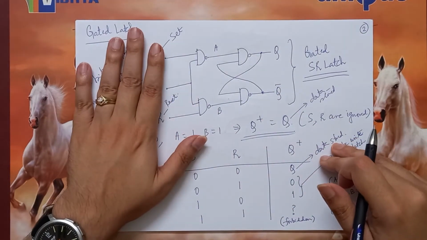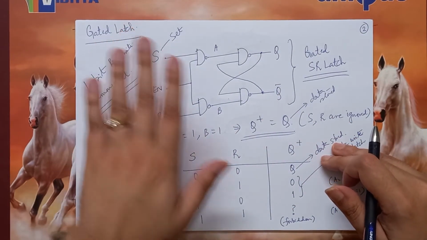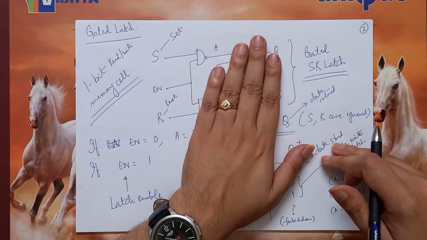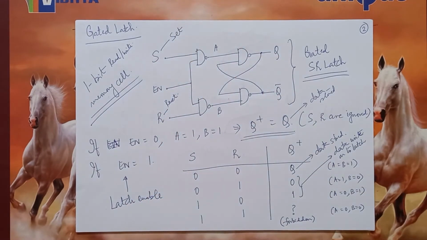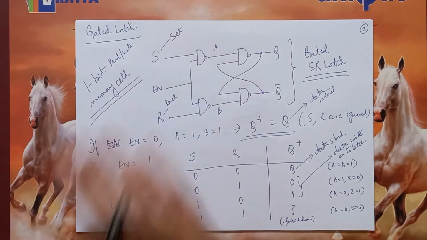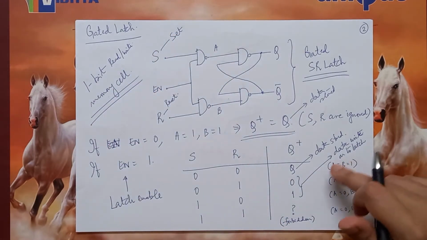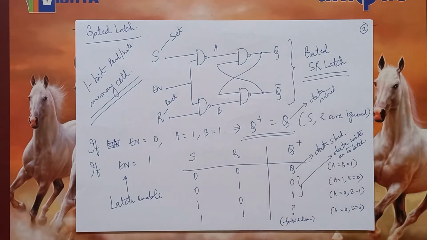Just like that, this memory cell can be used to store data as well as provide new data to it. That storage process is called the memory property, and that stored value can be read or accessed at any point of time. We can also write some data into that latch or the memory cell by choosing proper values of S and R. We can even choose S and R for storage or reading.